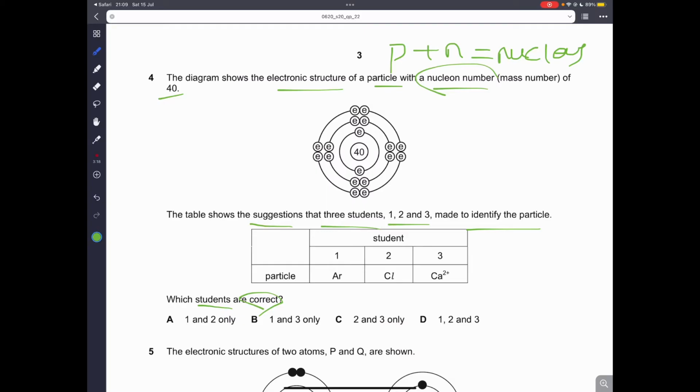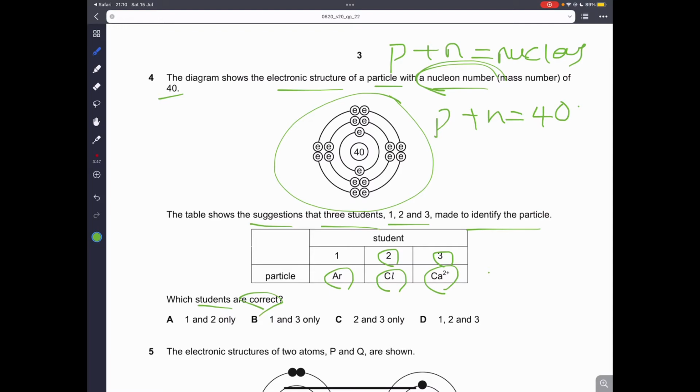Okay, firstly we see that particle 1 is argon, particle 2 is chlorine, particle 3 is calcium ion. So we have to know what this diagram shows. It has a nucleon number of 40, so the protons plus neutrons is equal to 40.